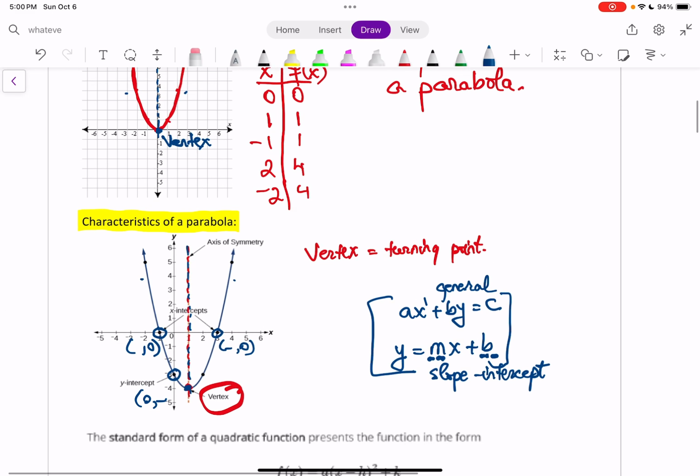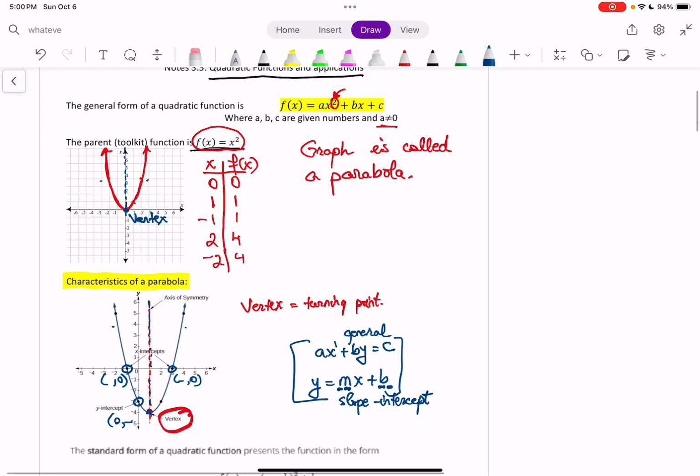So the same way with the quadratic function, we have our general form right here. Most quadratic functions will be given in that form. However, this can be modified. Same as here, we can solve simply for y, and then we have the equation in slope-intercept form.